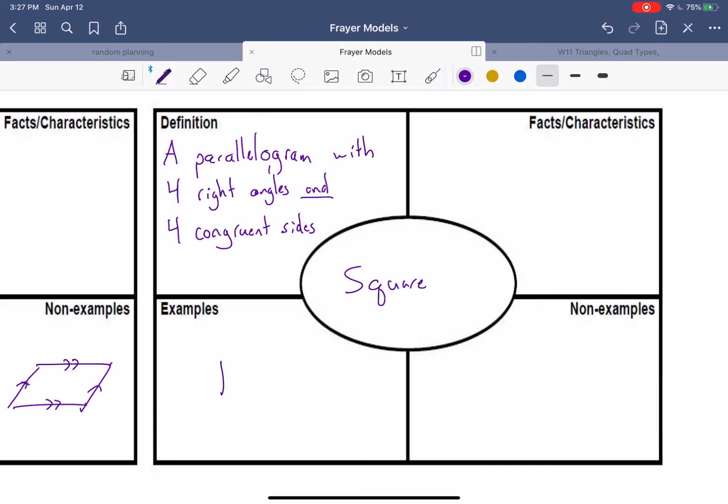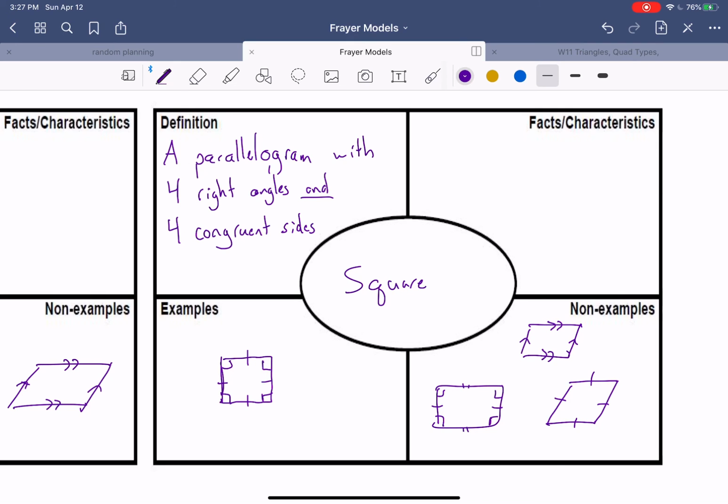The only way a square is going to look is what you already know: 4 congruent sides and 4 right angles. Some non-examples could be a parallelogram, or a rectangle. It has 4 right angles, but not enough congruent sides. One side is definitely longer than the other. A rhombus is not a square unless it has those 4 right angles.